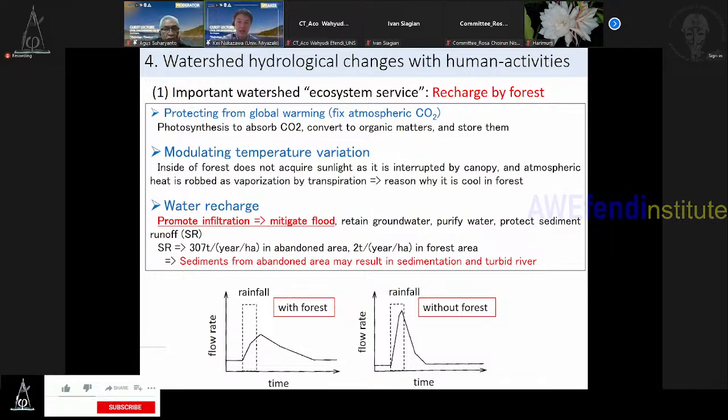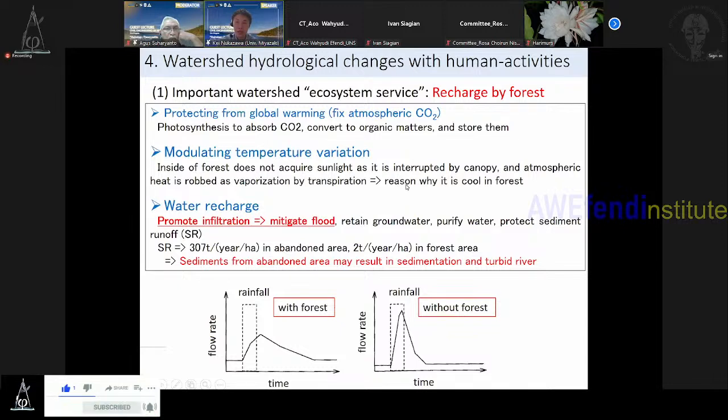So energy is less inside the forest. And also the heat is dropped as vaporization by transpiration. So forest has a function of transpiration, and with transpiration, they drop vapor.